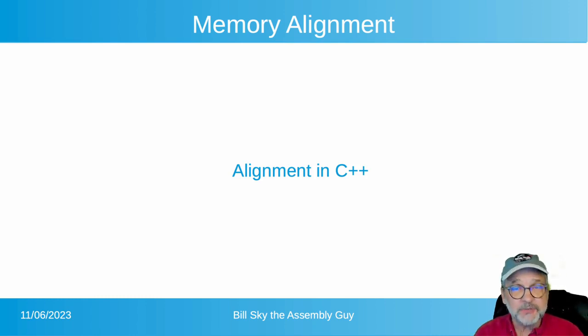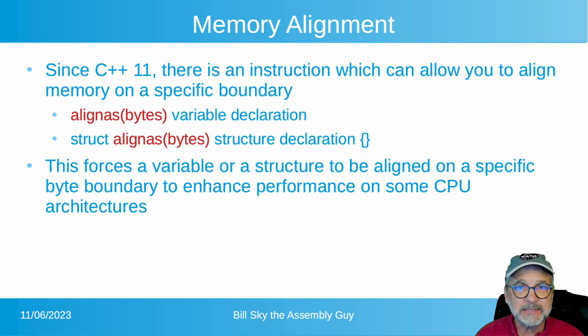Okay, so now that you kind of see what alignment's all about, what about higher level languages? Can we do this in higher level languages? The answer is absolutely. Since C++11, there's an alignas function that allows you to specify how you want your variable aligned. So alignas(32), maybe for a 32-bit operating system, and then you specify the variable declaration.